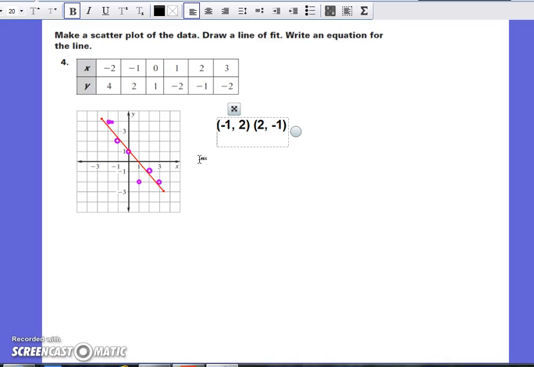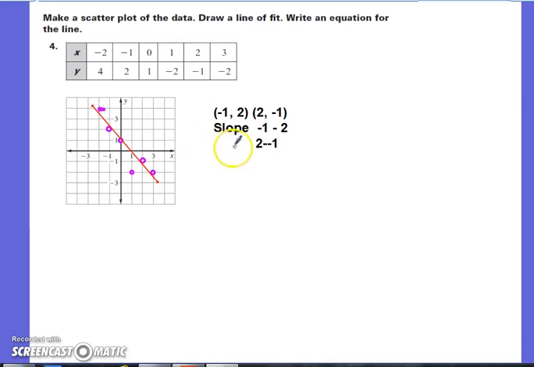So first you're going to find your slope. So you're going to say negative 1 minus 2 over 2 minus negative 1.